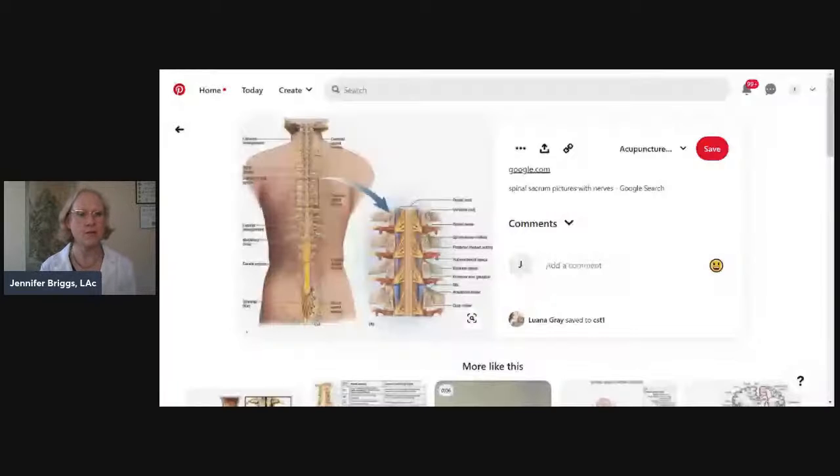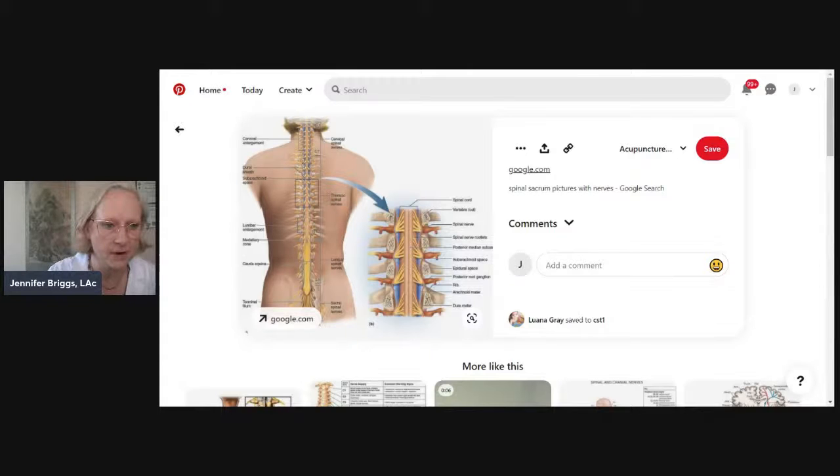Okay, so here is a simplified image of a spinal cord over here on the left of the screen. You can see the vertebrae are the whitish bone things on each side of the spinal column. You can see some ribs there, and a little above the waist you can see where the ribs stop.